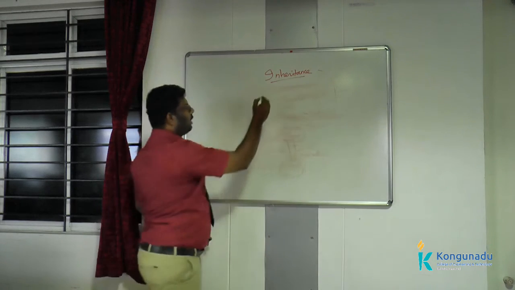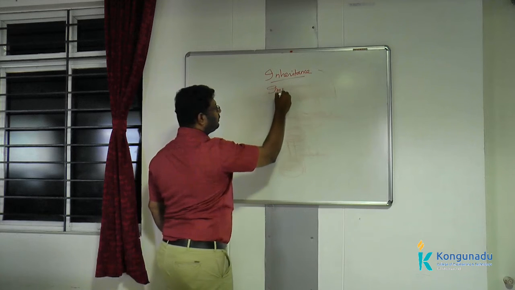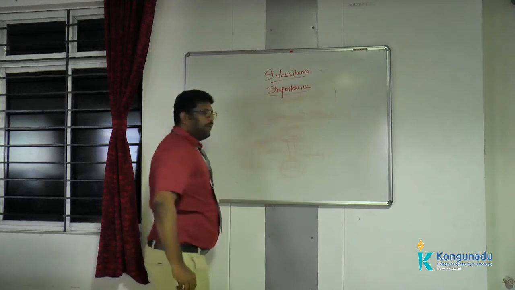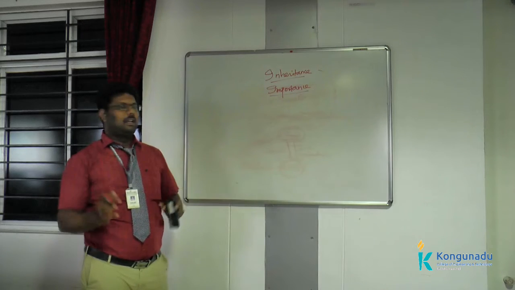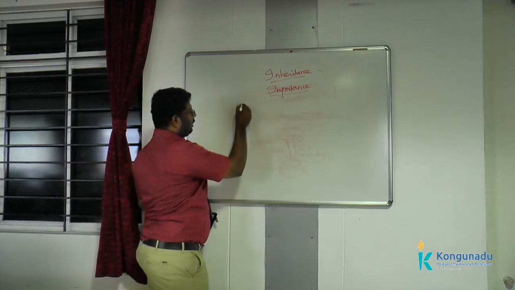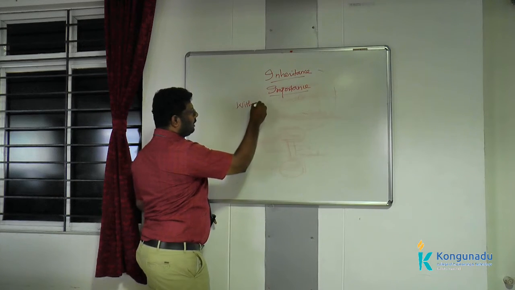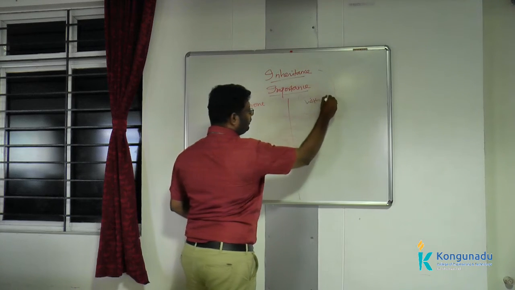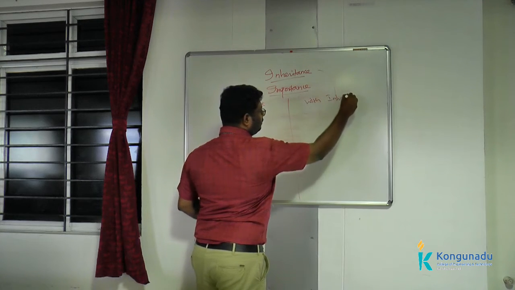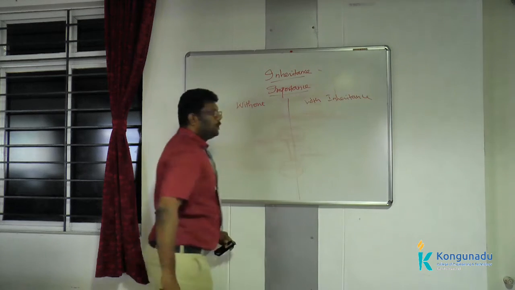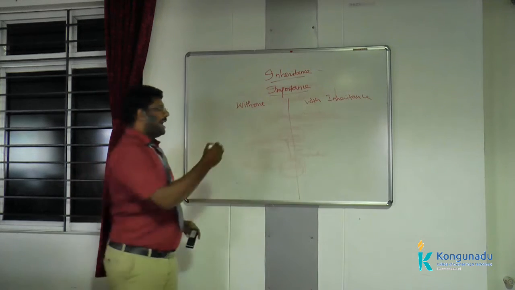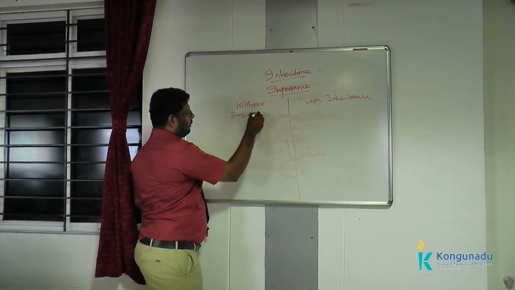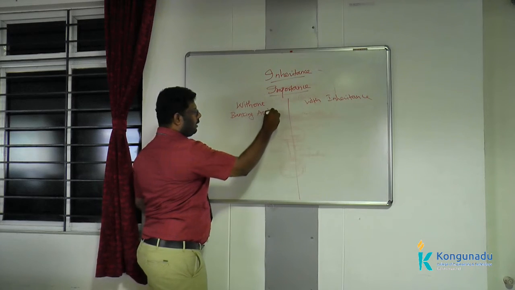Okay, so next we need to know the importance of inheritance. We have two different scenarios: without inheritance and with inheritance. Suppose we are going to write an application for banking.